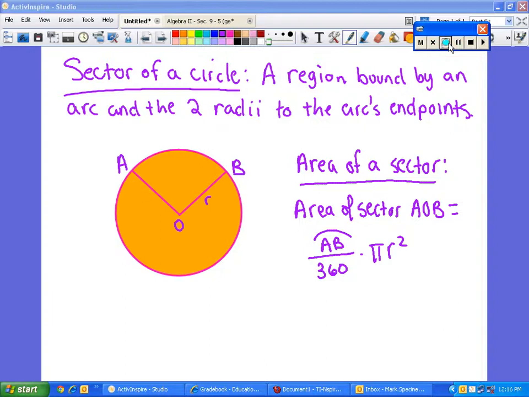That gives us what portion of the circle is the arc, and then we multiply that by the area of the circle. In other words, if this were 90 degrees from A to B, then this sector would be 1/4 the area of the entire circle.